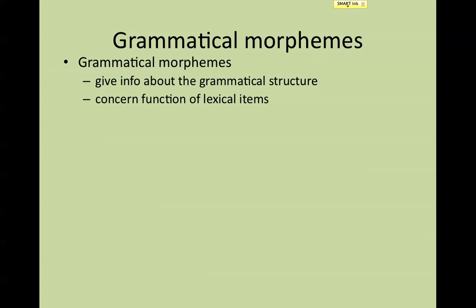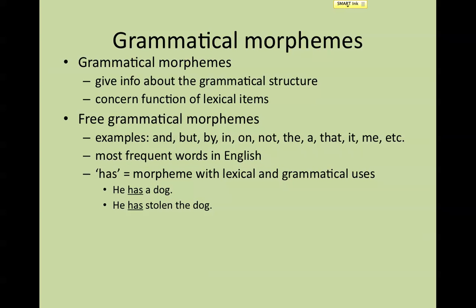So they concern the function of lexical items. Free grammatical morphemes. Okay, so here are some examples of free grammatical morphemes: and, but, by, in, on, not, the, a, that, it, me, etc. These are all free grammatical morphemes. And to note, they're the most frequent words in English.